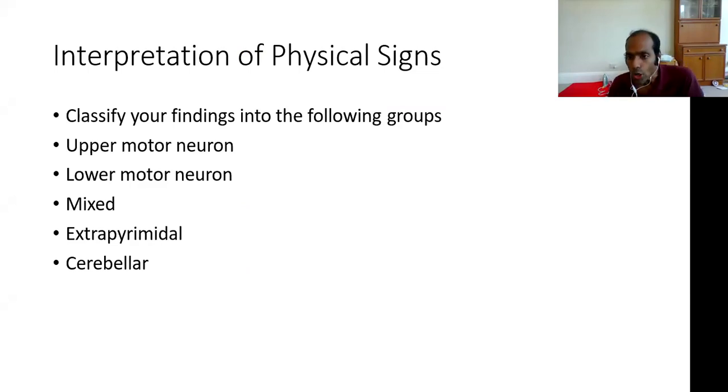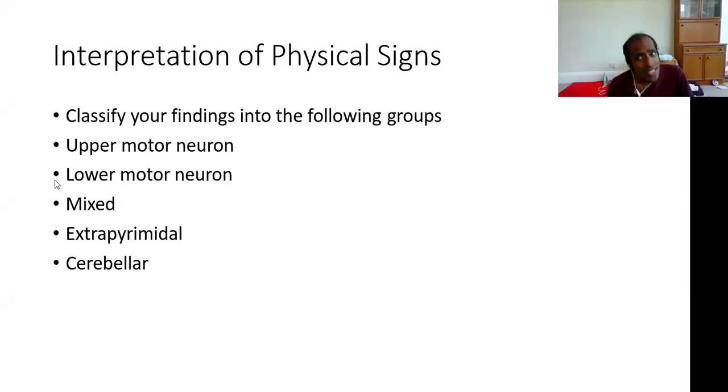When you finish the examination, upper limb or lower limb, your main target is to classify the physical signs that you get into one of these 5 categories, which I have shown on the slide. Very, very important. If you have any questions, please put them immediately, and I will answer them immediately. The first step is to do that.